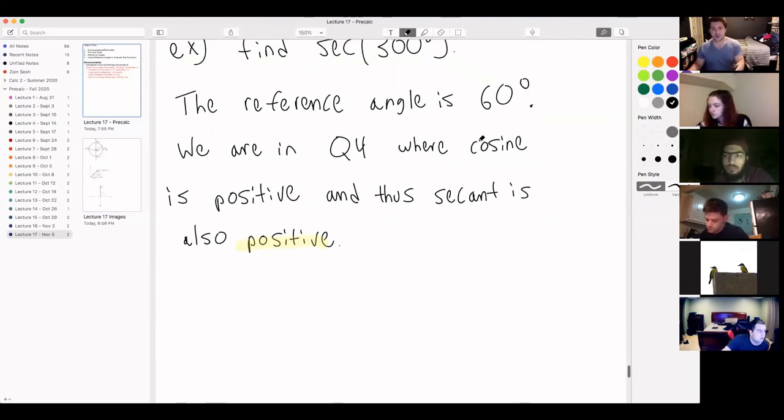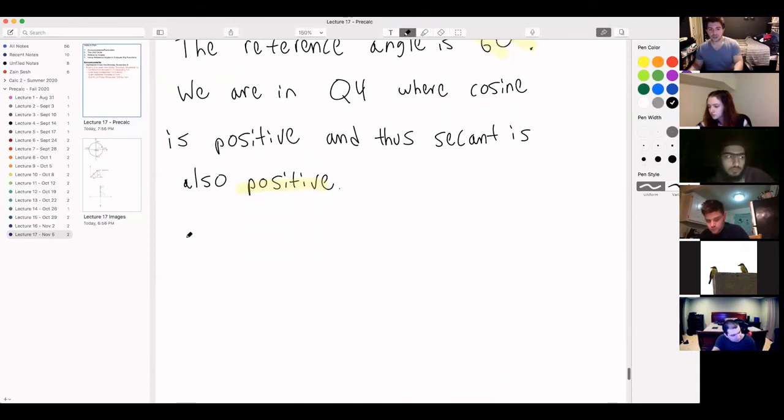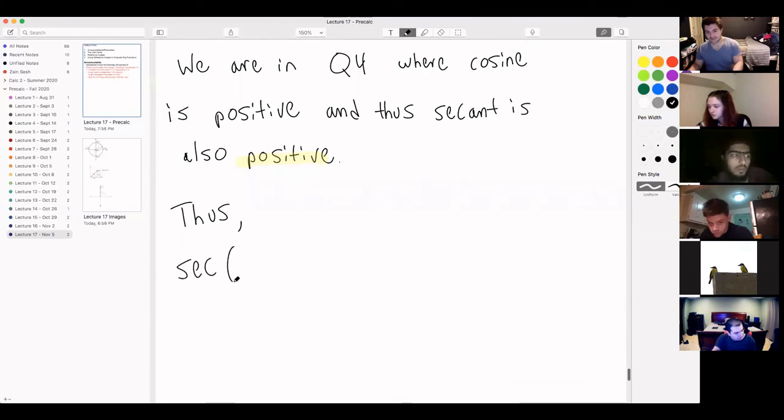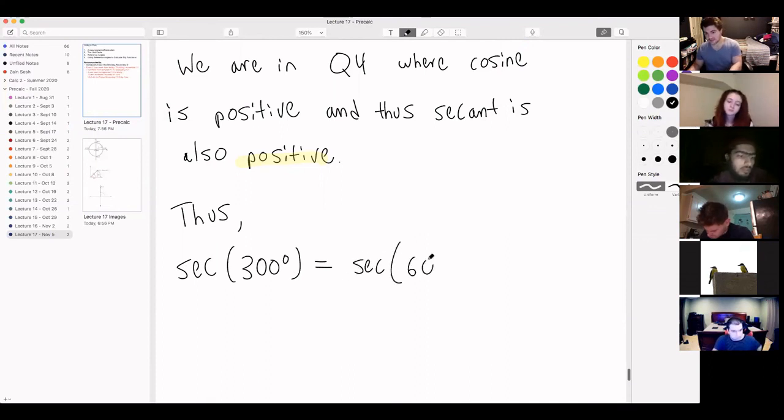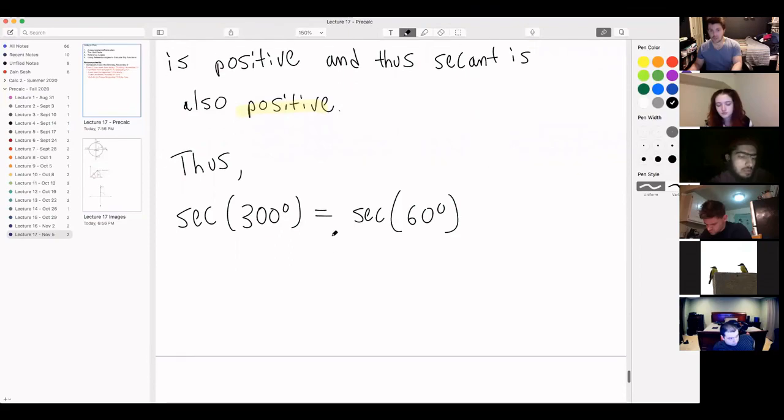All right, good. So that's it. We have all of our data. We need the sign, positive or negative, and we need the reference angle. Good. So we're in the home stretch. Thus, secant of 300 degrees will equal positive secant of 60 degrees. Since it's positive, I don't need to put a minus sign here. Good.